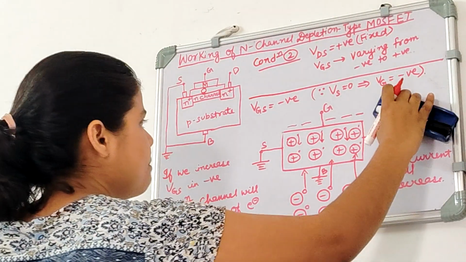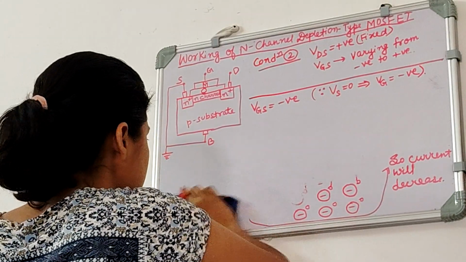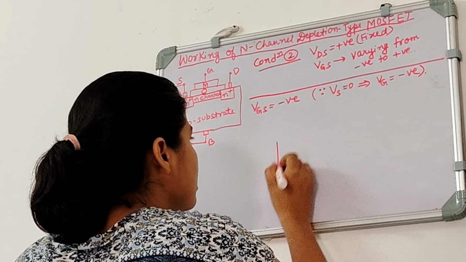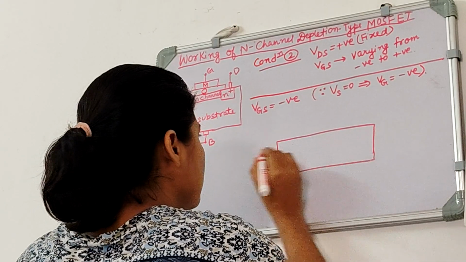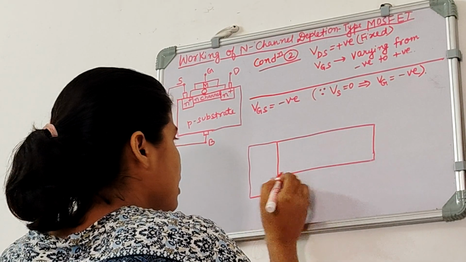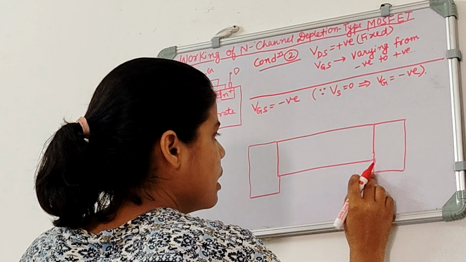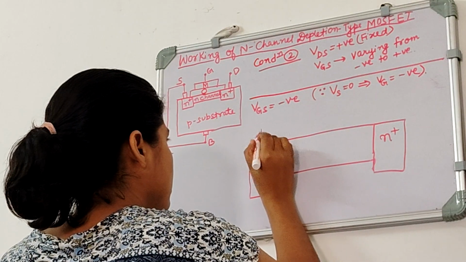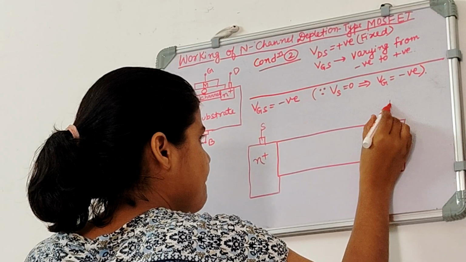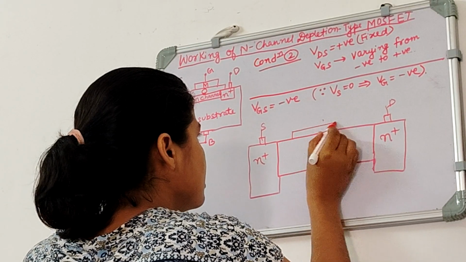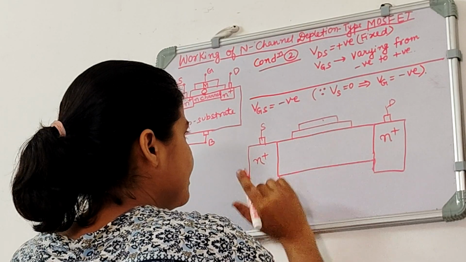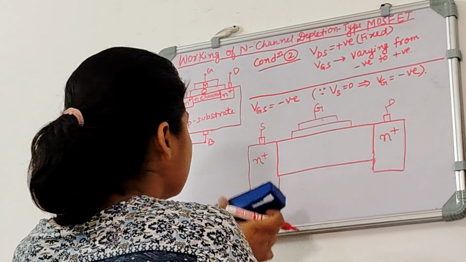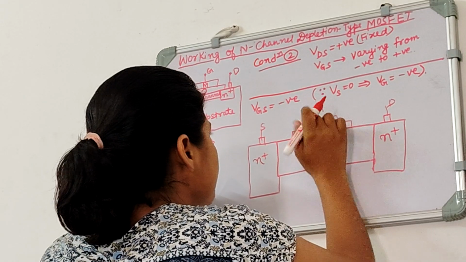So let's see that. Let me remove this first. This is the source, this is the drain, and this is the gate.